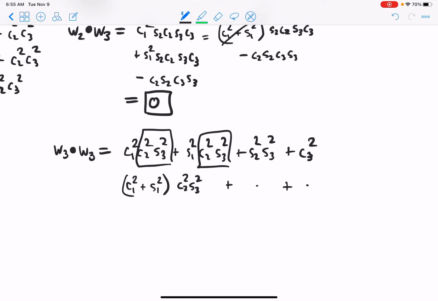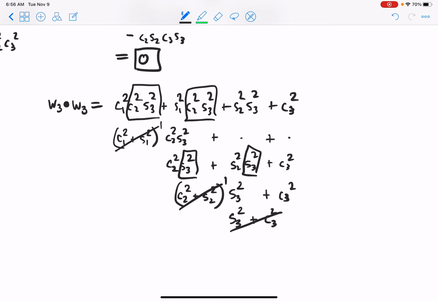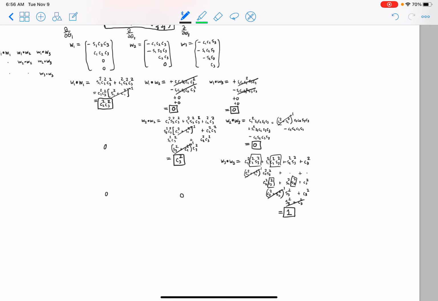There's this plus this. Now this becomes a 1, and we get C2 squared, S3 squared, plus S2 squared, S3 squared, plus C3 squared. Okay. Then let's factor out the S3 squared from these two, leaving us C2 squared plus S2 squared times an S3 squared plus C3 squared. This becomes a 1, leaving this, which becomes a 1. And so all of this is equal to 1. Not 0, but 1.